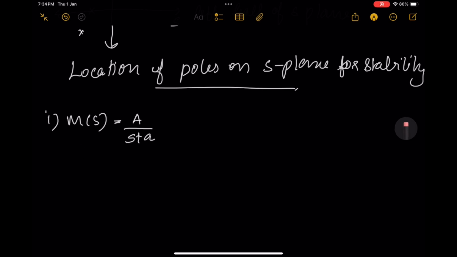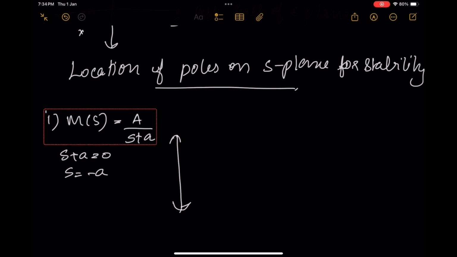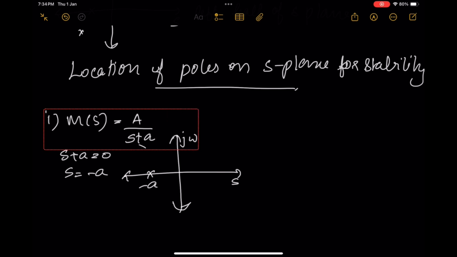The pole will be s plus a equal to 0, so s equal to minus a. How will you find the pole? You'll equate the denominator to 0. So in the S plane we'll get minus a. This is how you get the pole of that given system.